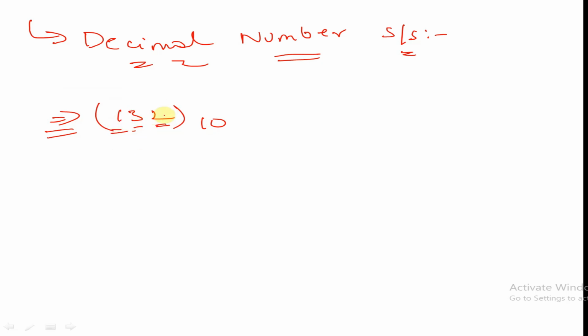To find the value, we multiply each digit with a power of 10: 2 into 10 power 0 plus 3 into 10 power 1 plus 1 into 10 square.